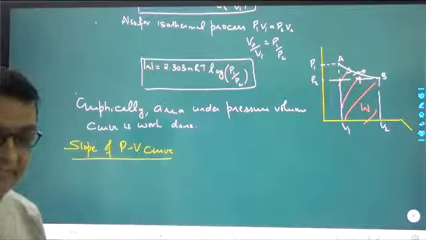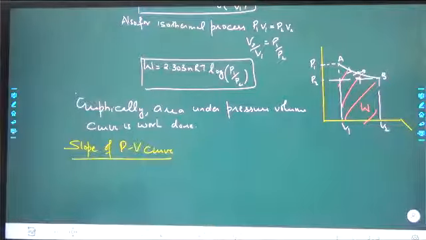Slope of the PV curve. If we want to find the slope of the isothermal process graph, then you can write that in an isothermal process the temperature remains constant.